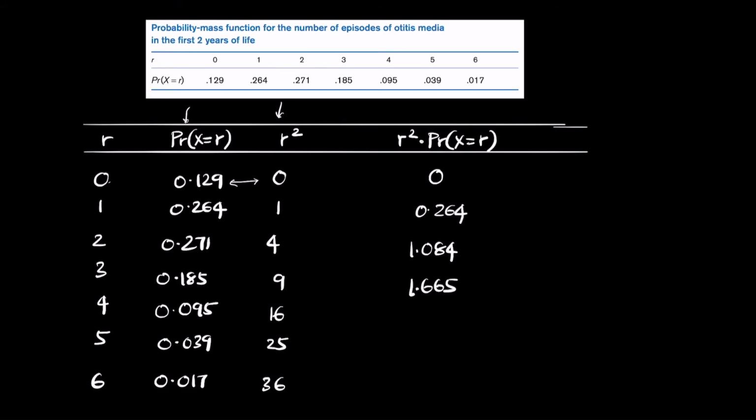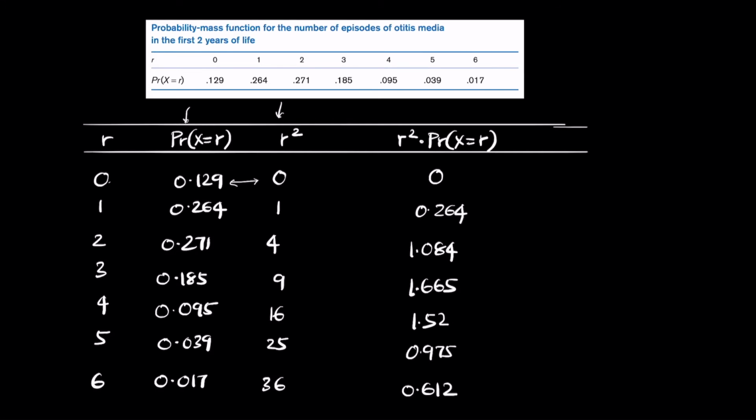Next is 16 times 0.095, that value is 1.52, and 25 times 0.039, that value is 0.975, and 36 times 0.017, so that gives you 0.612.